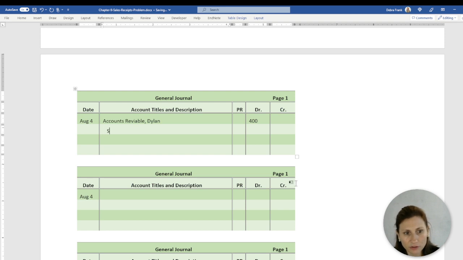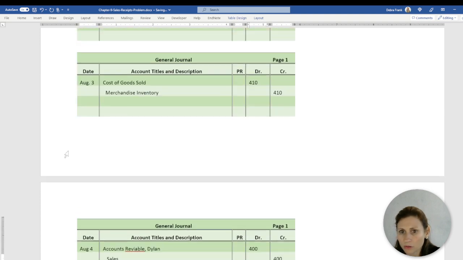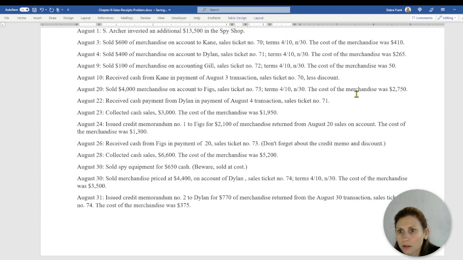And that was our sales. All right, and we just learned that we have to record an associated cost along with it. So we have cost of goods sold. Oh my goodness. All right, and I remember, I think it was like 260 something. It was 265.